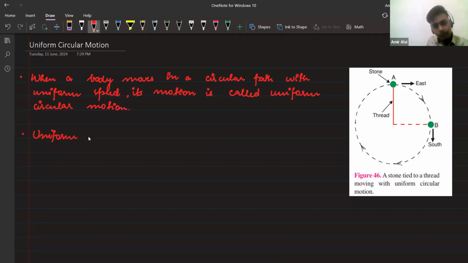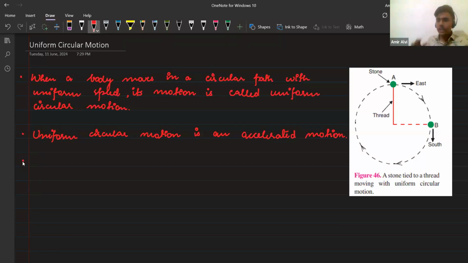I will give you the reason why. ठीक है, the reason is that the speed remains constant but the direction is continuously changing.